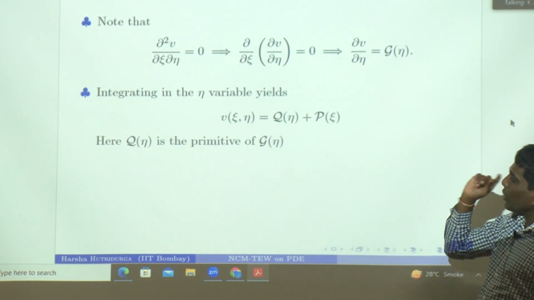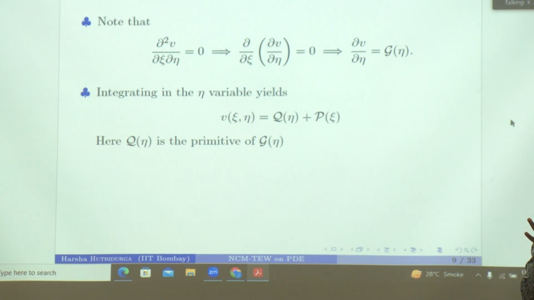Okay, so the only thing that is important is any general solution to this equation. This is what we have just done in these two lines. If you are looking for a solution to this equation, d square v by d eta d psi is equal to 0, a general solution to this equation, thanks to this little computation here, should look like this.